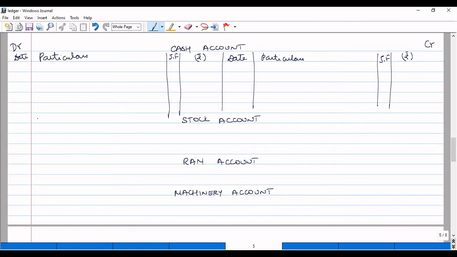Now coming to the other accounts also, we have to write the column heads as such. Amount, journal folio, date and particulars.